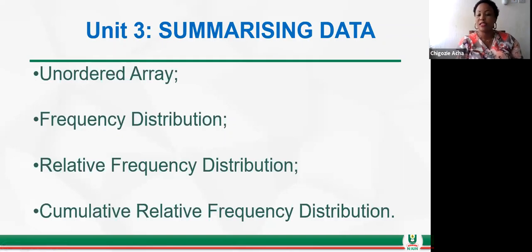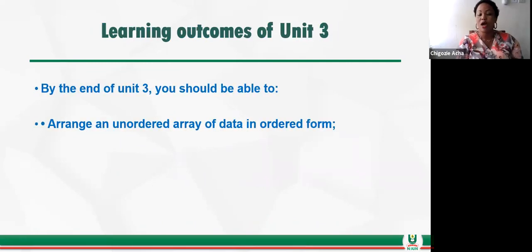Then for the frequency distribution, I'll use an example to illustrate how you can handle that. You are expected also to read under unit 3, the relative frequency distribution, and finally, the cumulative relative frequency distribution. At the outcome of unit 3, you are expected to know how to arrange data sets.